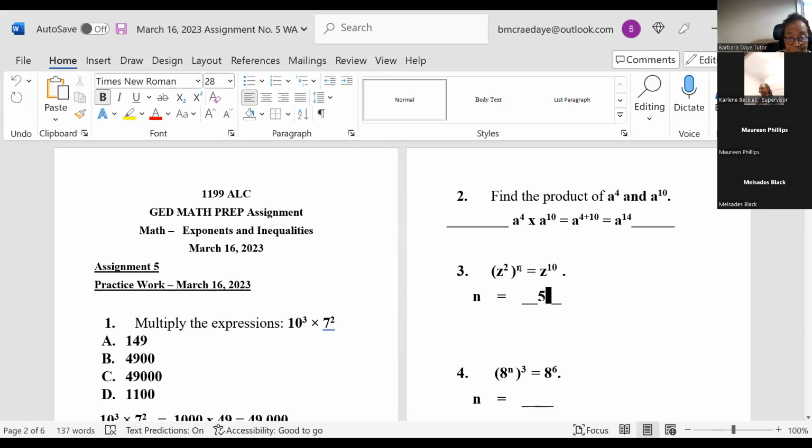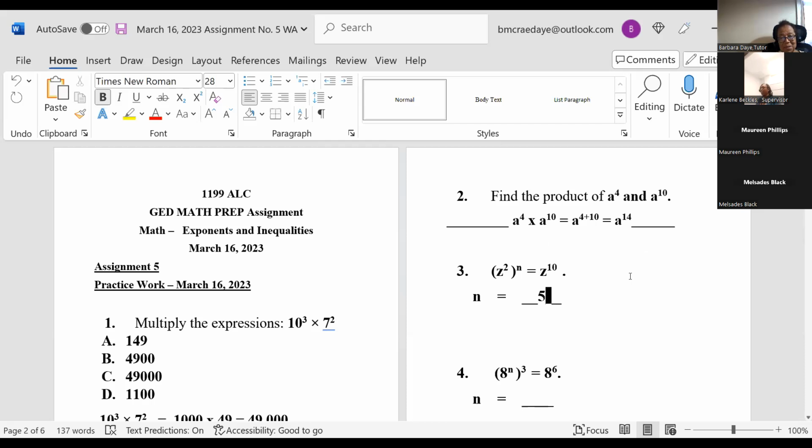But if you know the rule that you multiply the power outside the parentheses times the power inside the parentheses, and you know what your result is, then there's only one number that can be sitting here as n, and that's 5, because 5 times 2 equals 10.